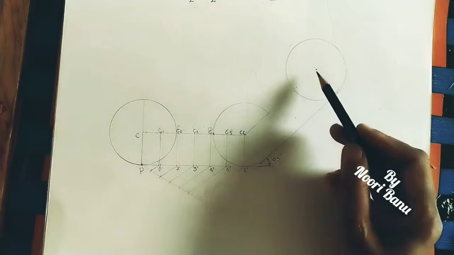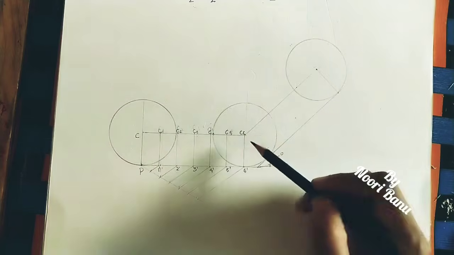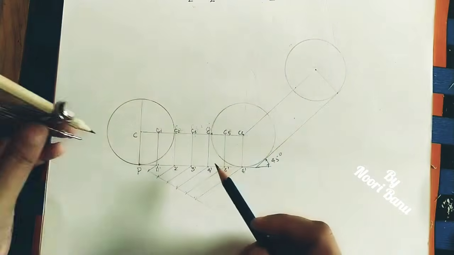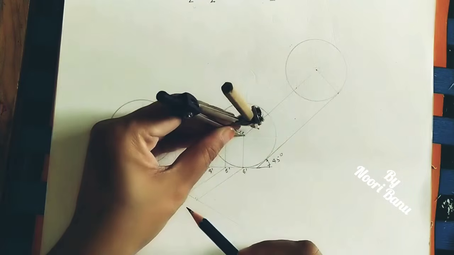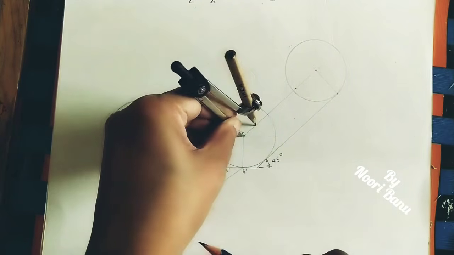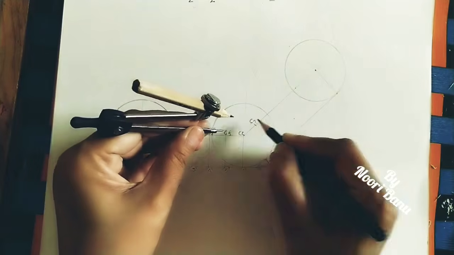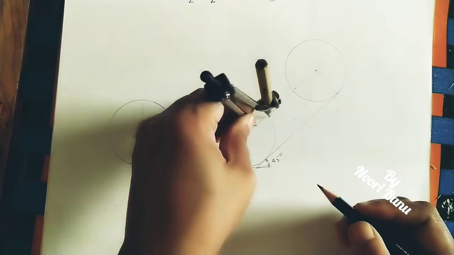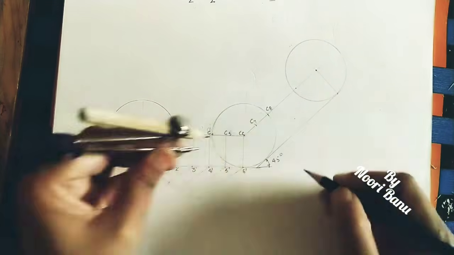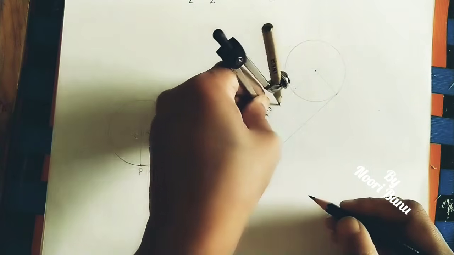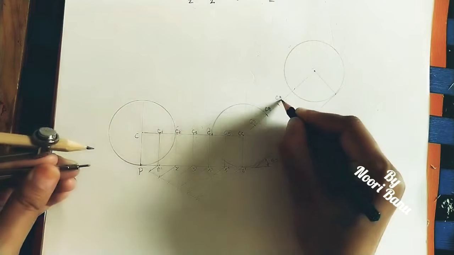So here also on the center line take again 6 centers. This length and this length are the same, that's why take the same division length. So here also take C6 as center and mark C7. C7 as center, mark this intersection point C8. C8 as center, mark one center, it is C9.